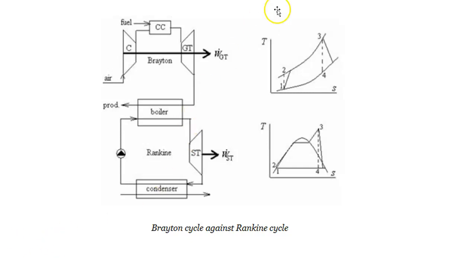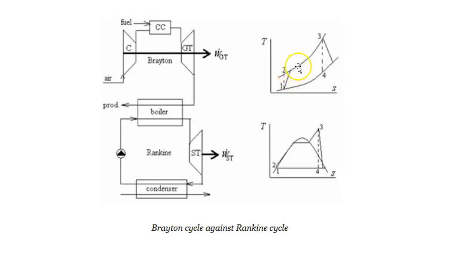So these are temperature and entropy diagrams, and they help explain the process of what a gas turbine or another heat engine such as a steam turbine is doing. So for the Brayton cycle, it starts at 1 and compression happens in the compressor.